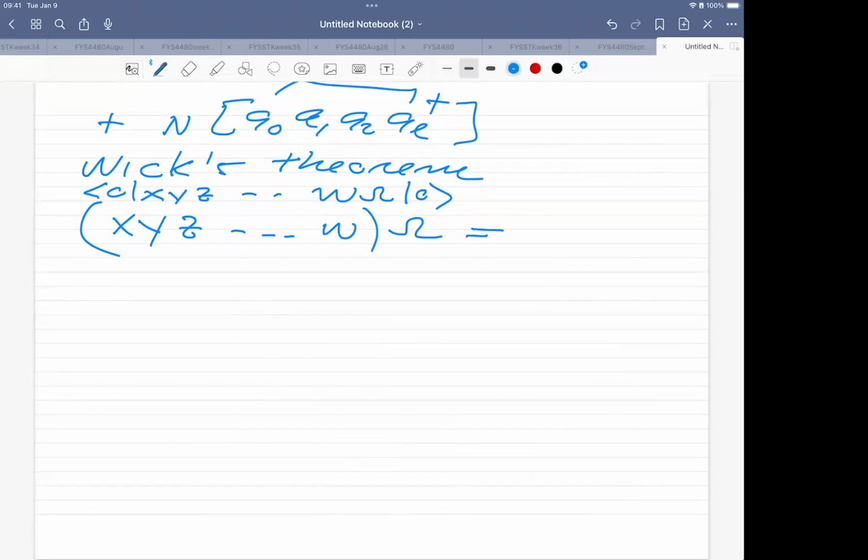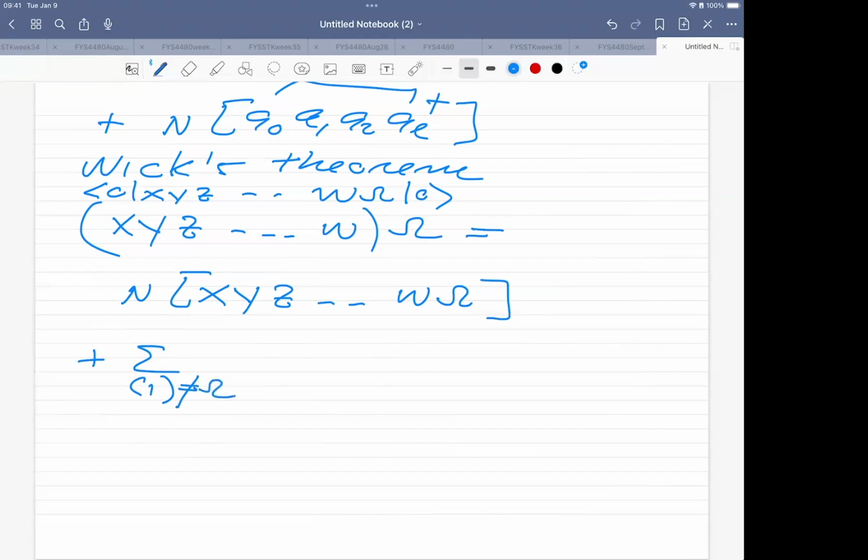So this would then be equal to, with the lemma, we have the first term, which is just a normal order term, up to W and omega. So this is normal ordered, and we know that when we have a normal order term, that gives us automatically 0. Then what we have is a new term where we have the sum over all contractions, but we exclude this operator omega in the set of contractions.